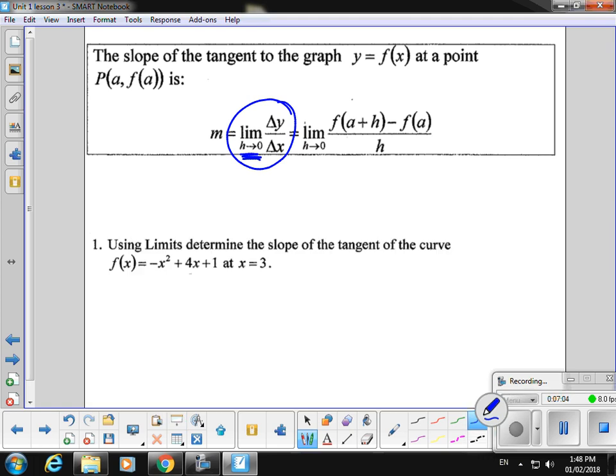So we want to use limits to determine the slope of the tangent of the curve f at x equals negative x squared plus 4x plus 1 at x equals 3.